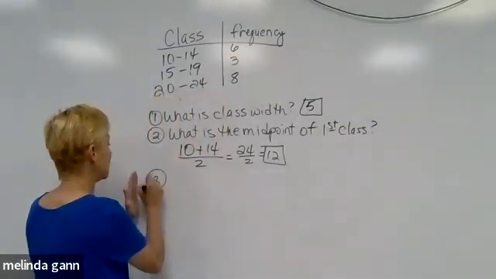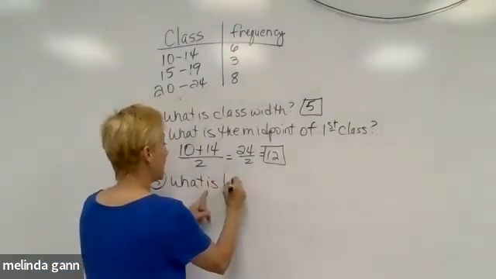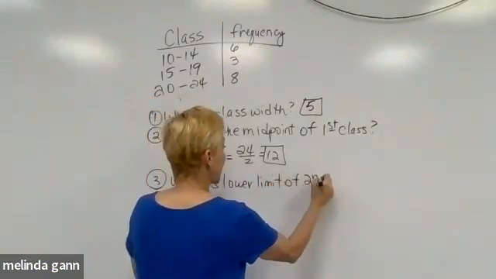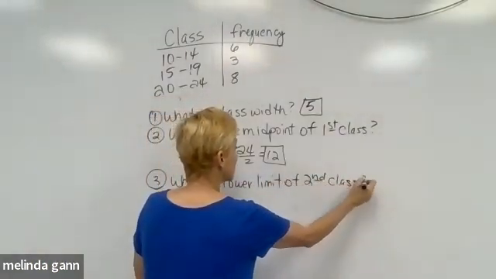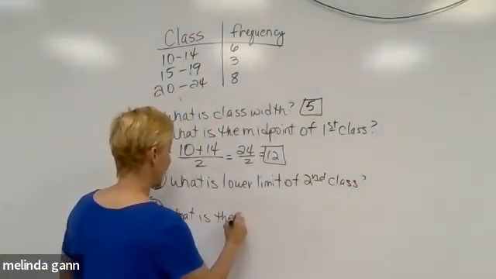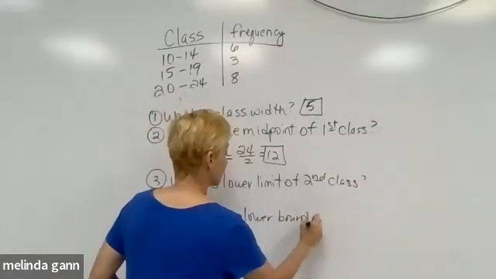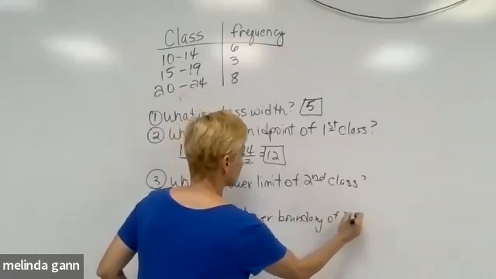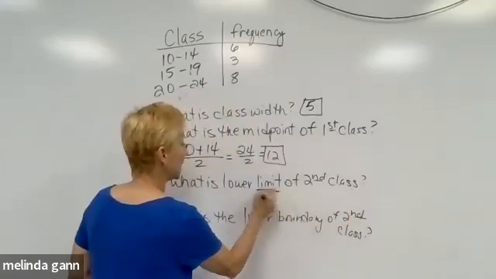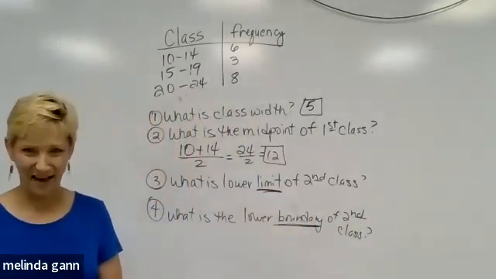Now, the things that people get confused are this. If I say, what is the lower limit of the second class versus what is the lower boundary of the second class? So I don't want you to get limits confused with boundaries, because there's not much partial credit on that.